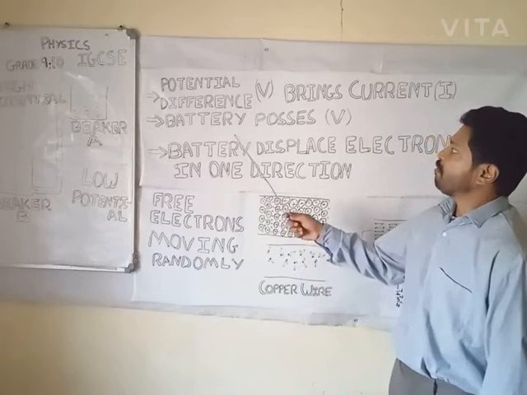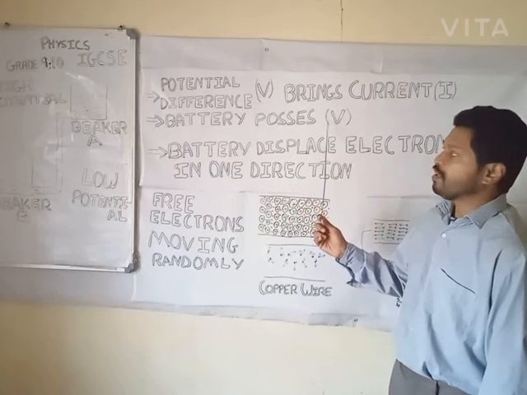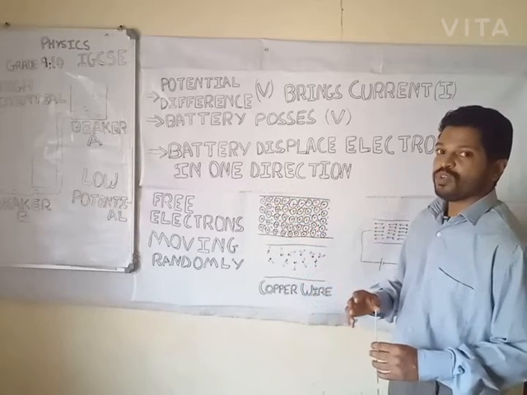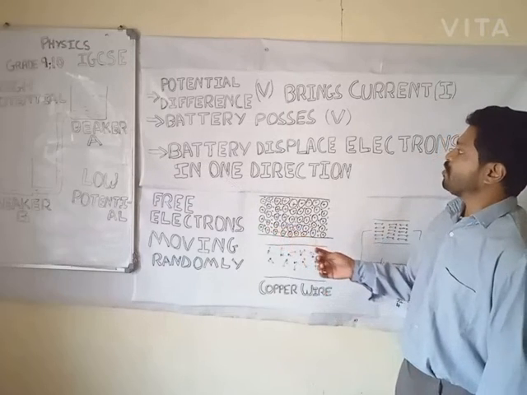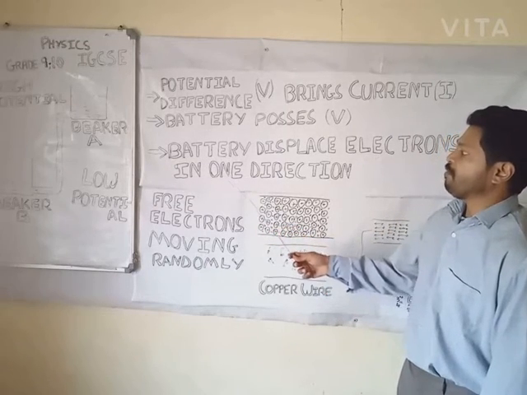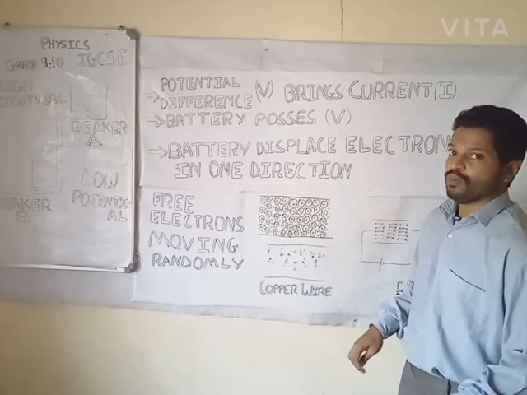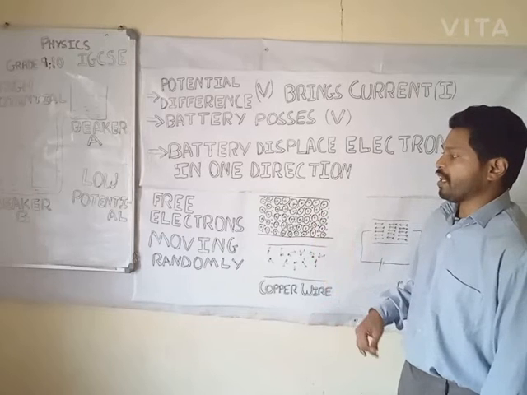So the battery possesses potential difference V. Okay, so the battery is the main source of potential difference, that you need to remember. A battery also displaces the electron in one particular direction. We will be giving that with an example over here. So how does it move the electrons in a particular direction?